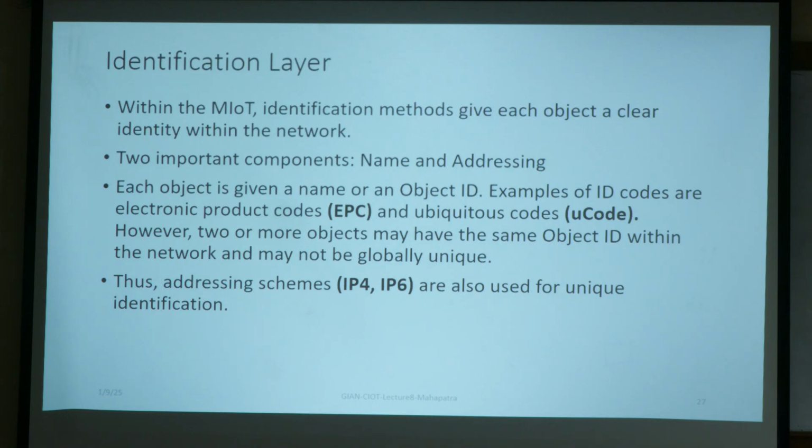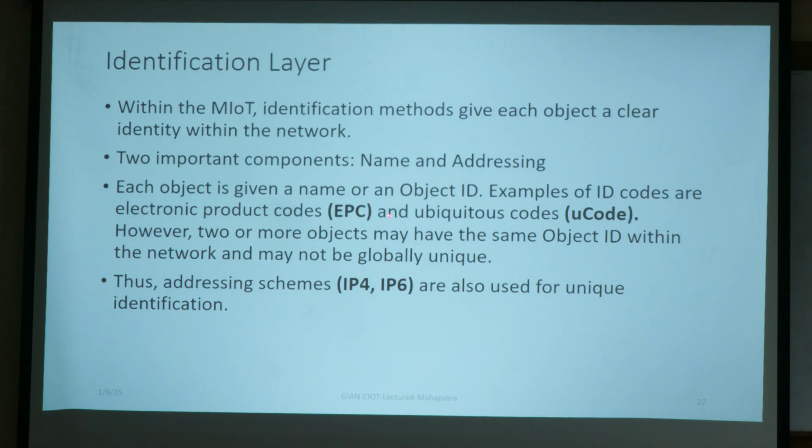We call that EPC, the electronic product code. But what happens is these products, when you buy them, do not necessarily have a changed EPC number. Suppose you have 3 or 4 objects, they will possibly have the same EPC. But if you have only one of each type, then that's fine. Your EPC will be unique.